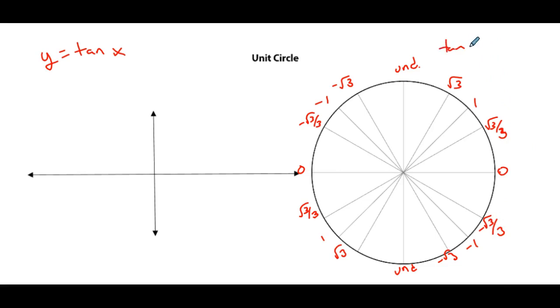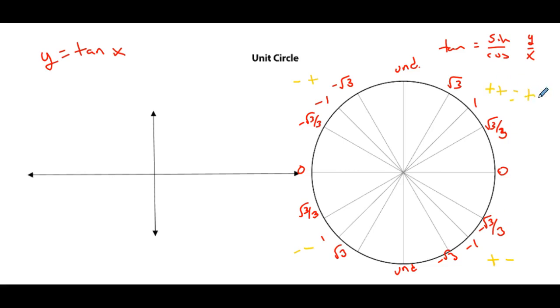Remember that tangent is equal to sine over cosine, or y over x. So if we think about our quadrants, this is positive positive, this is negative positive, this is negative negative, and down here we have positive negative. So that makes sense for tangent.